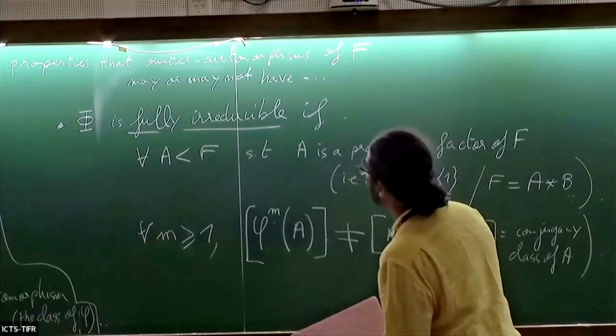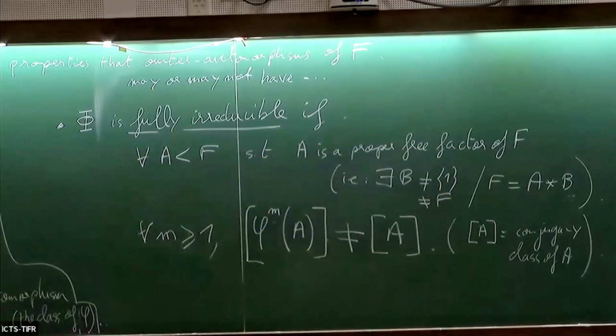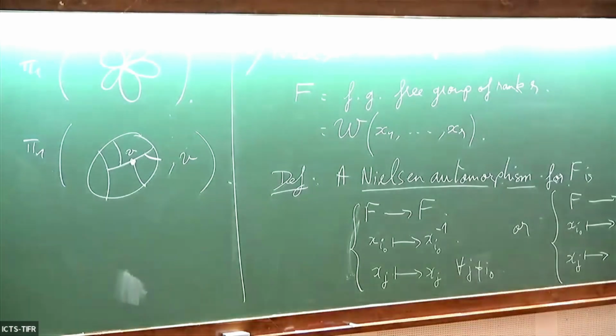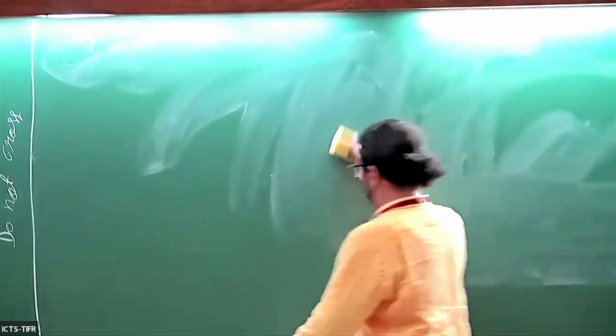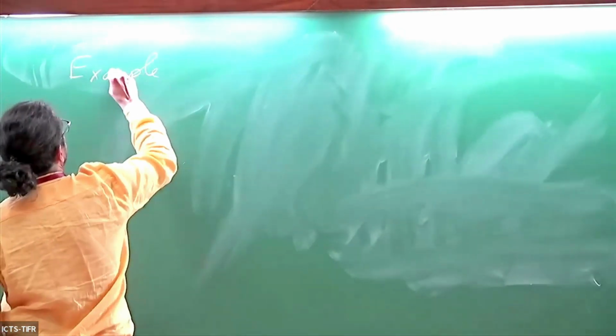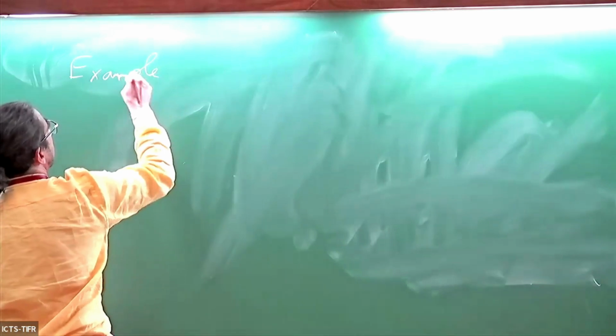So, example of what would not be a fully irreducible automorphism.